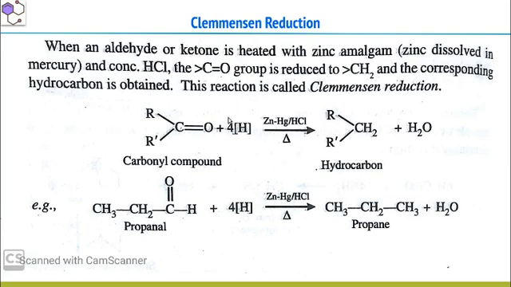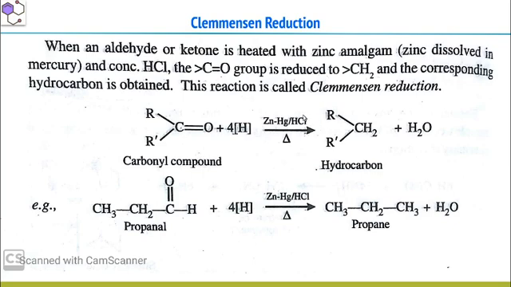So what is Clemmensen reduction? When an aldehyde or ketone is heated with zinc amalgam, represented as Zn-Hg/HCl, and concentrated HCl, then the carbonyl group is reduced to a CH2 group.